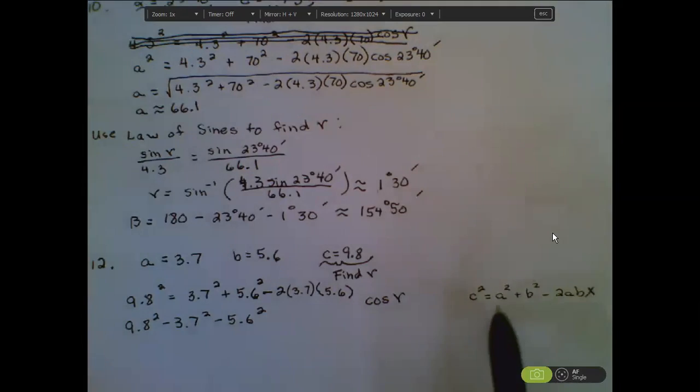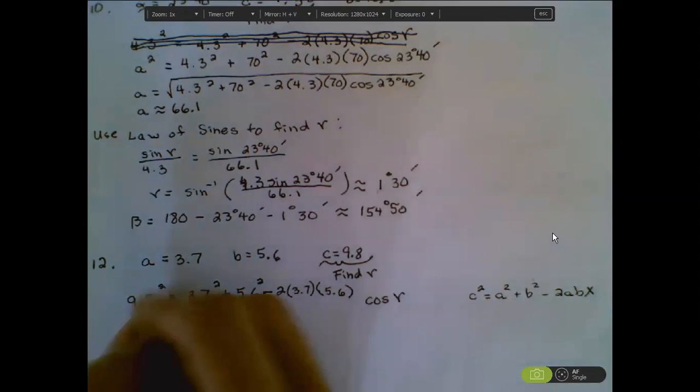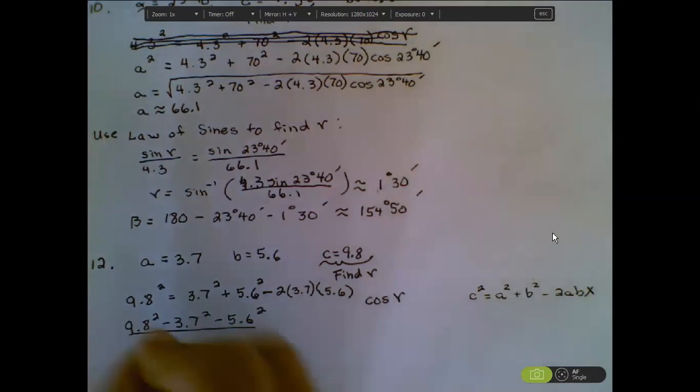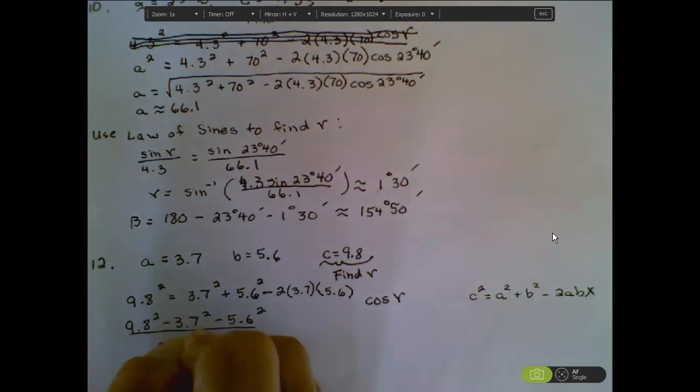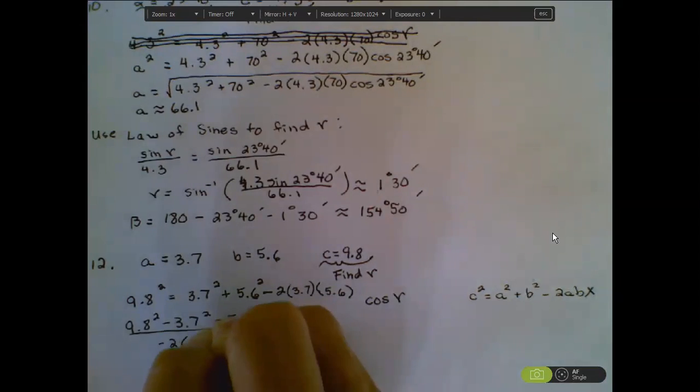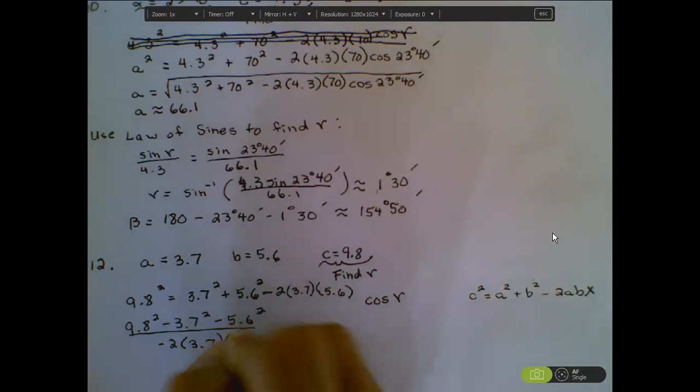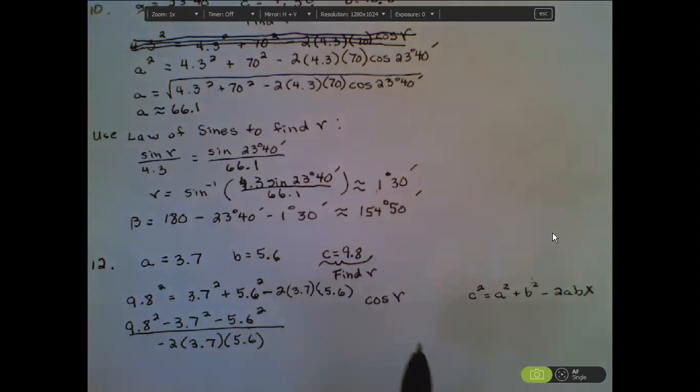Just like here, I'd subtract the A squared and the B squared, and then I would divide by the negative 2AB. That would get me the cosine of gamma by itself.